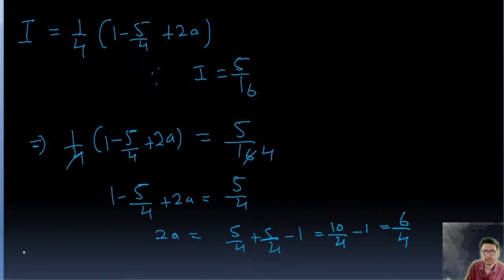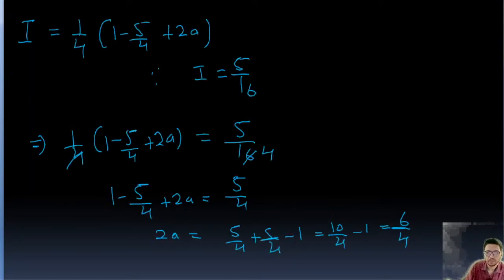So this implies value of a is going to be simple, 2 will cancel this 3 times, right? So that implies value of a is 3 by 4.